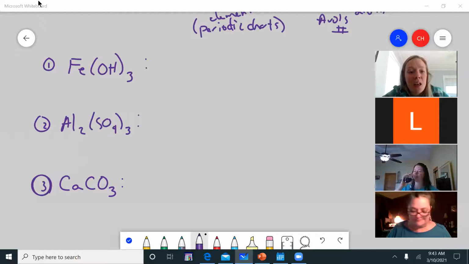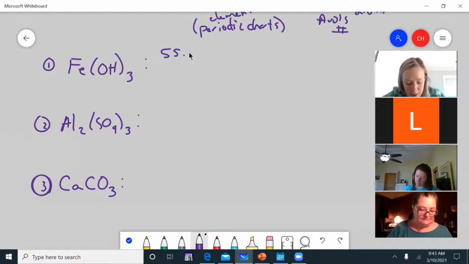Okay. So when we're doing a compound, there's an extra step of having to add these things together. Iron has a mass of roughly 55.85, and there's one of them, so we just multiply it by 1. Oxygen is 16, and we need to multiply it by 3.